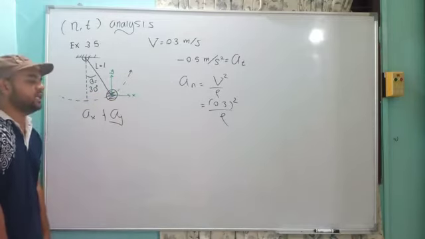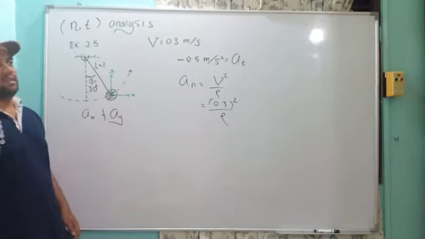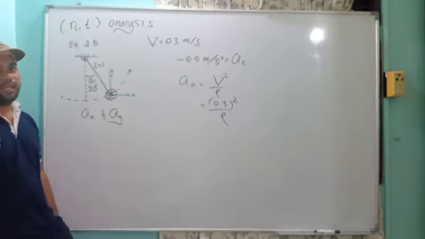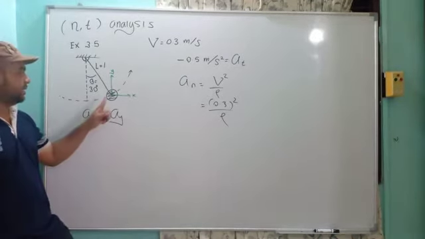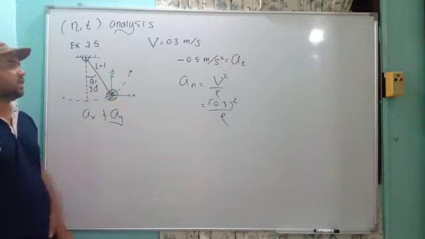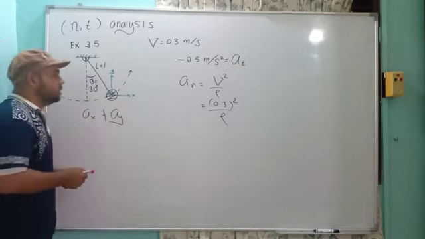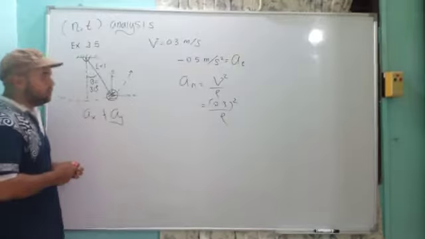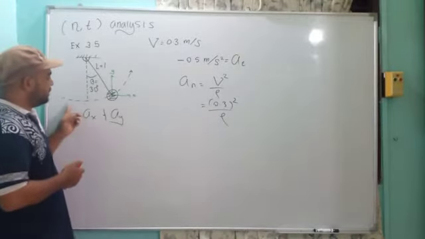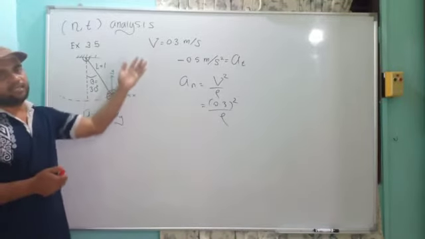In order for you to do that, you must know how to draw the normal and tangent axes from here. The first one is the tangent. You already know: tangent to the curve towards the direction of motion.